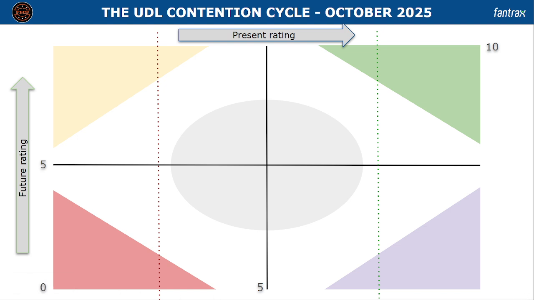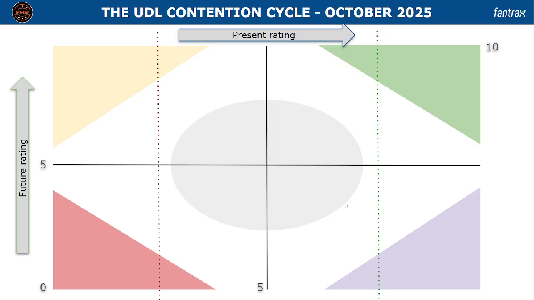And the colors: note that in the red, nobody wants to be in the red zone, so nobody wants to be in this part of the graph, and everyone wants to be in the green part of the graph. So everyone wants to have a strong team for the now and strong for the future.